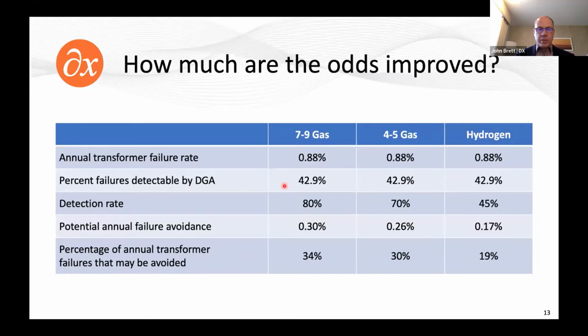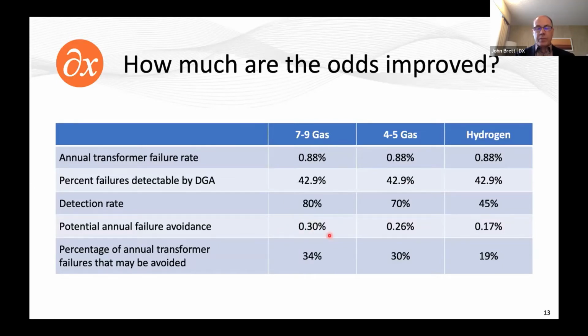There's the 43% number. And then looking at the different types of online monitors, what's the detection rate? Okay, well, in the case of a multi-gas monitor, 80%, hydrogen 45%. And so what's your potential annual failure avoidance? And it comes down to 0.30%.